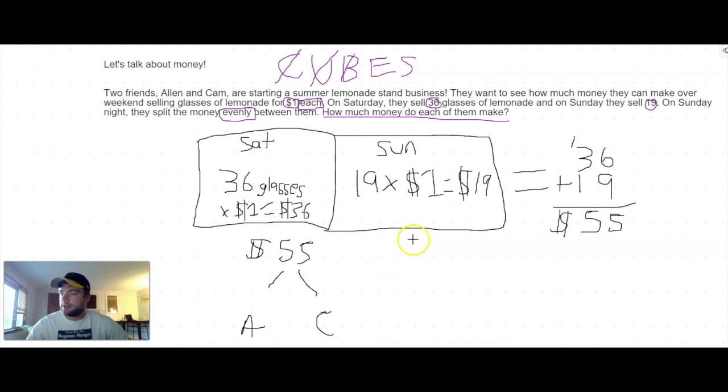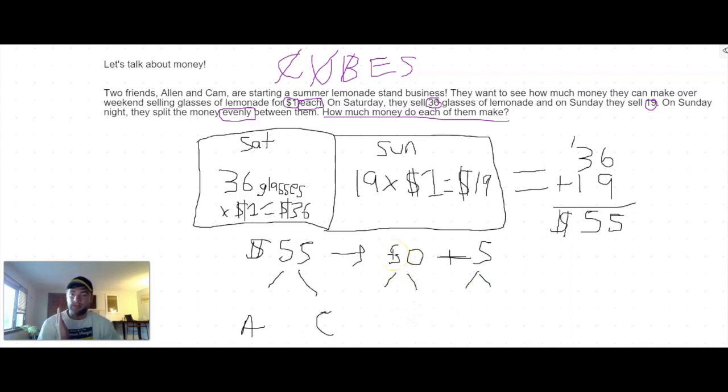What I'm actually going to do is take 55 and split it up into a number that's easier to divide. So I'm going to split 55 up into 50 and 5. Then I'm going to divide 50 in 2, and then I'm going to divide 5 in 2.